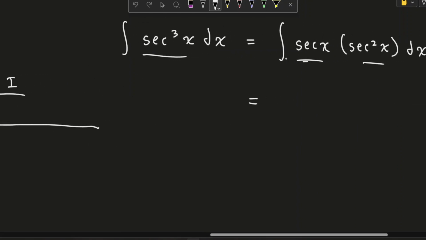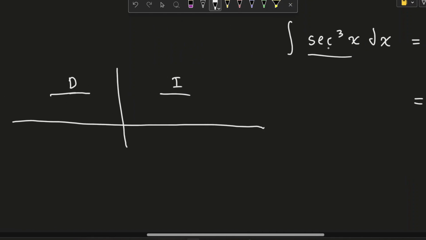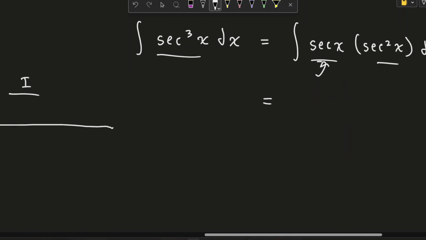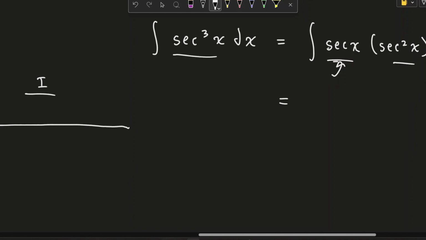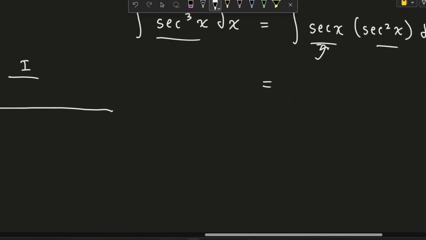Now if you look at sec x, is sec x possible to integrate? Yes, it's possible, but is it worth it? Because integrating sec x will take more effort than usual.